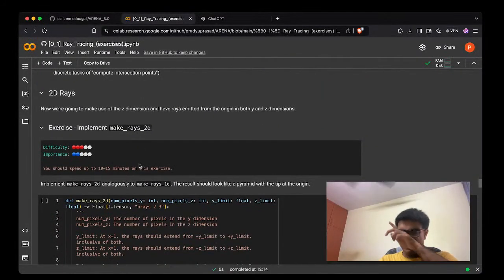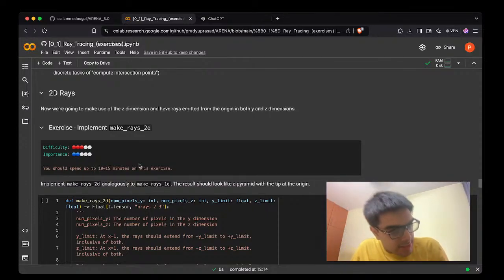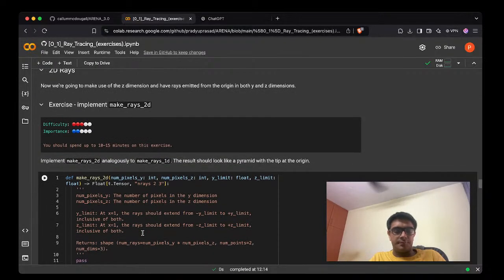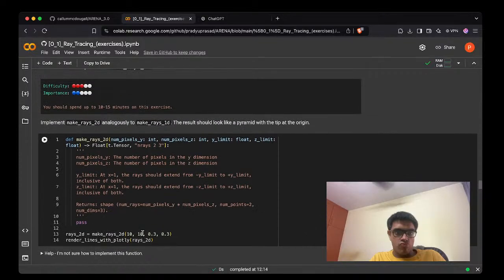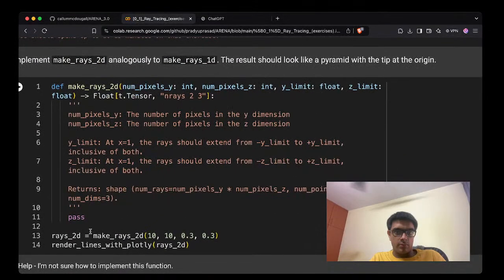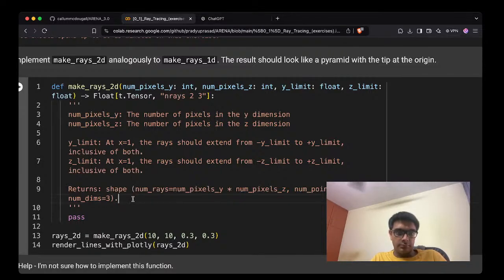Make rays 2D. So we get some origins, right? We'll get 0, 0, 0 as our origins. I get that.